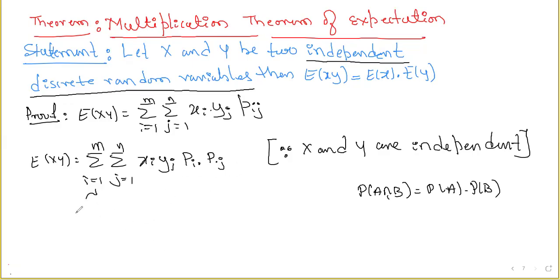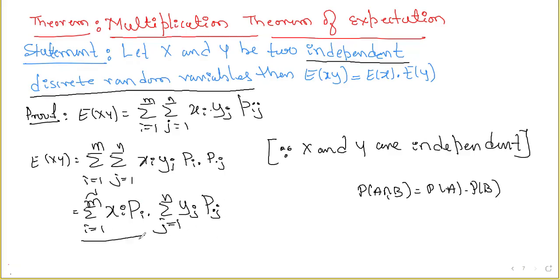So now we'll take like this: summation i running from 1 to m, xi and pi dot, into summation j running from 1 to n, yj p dot j. So this is nothing but our expected value of x, into this is nothing but our expected value of y. So left hand side we have expected value of xy, right?